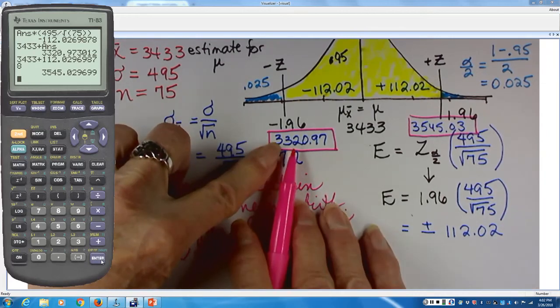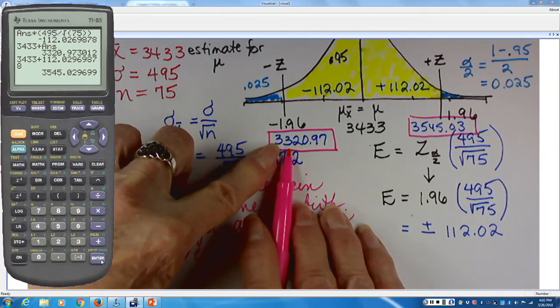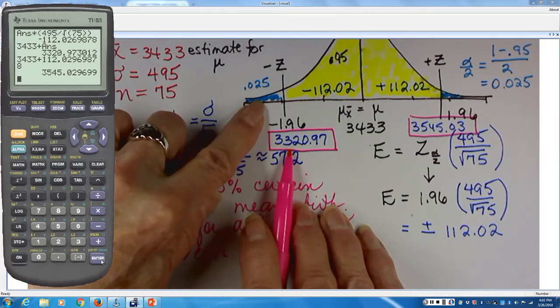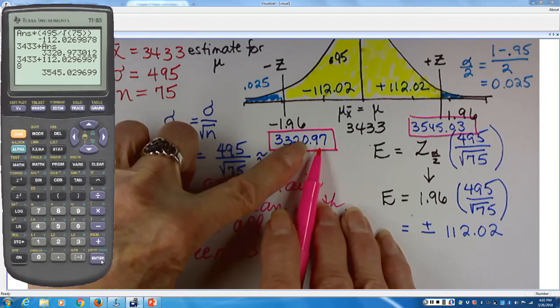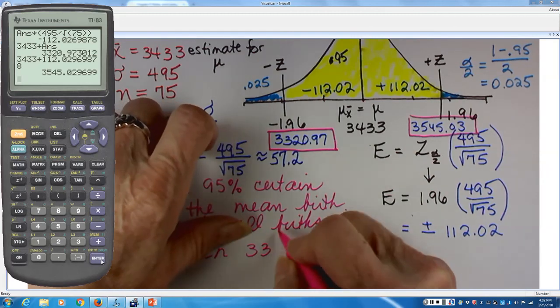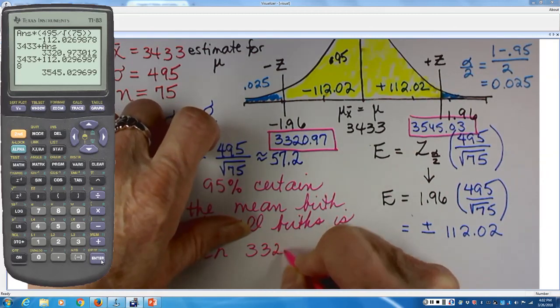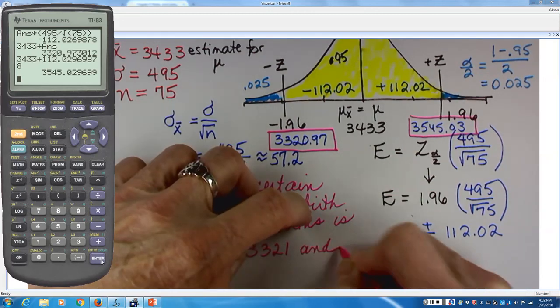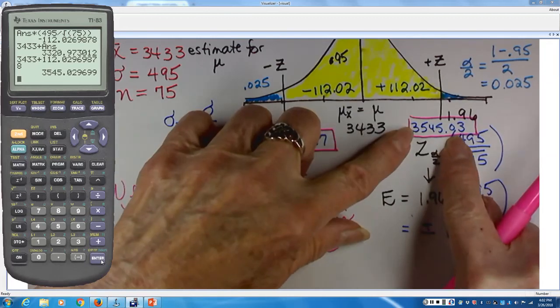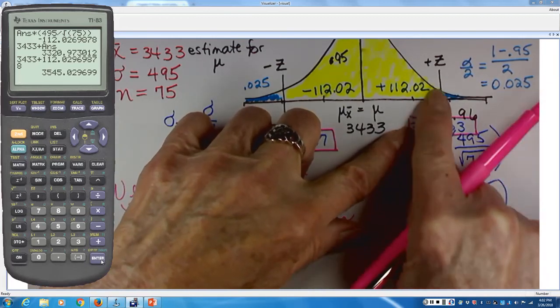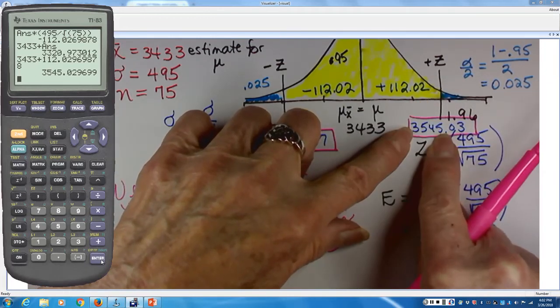This means if that birth weight is 3320, it's in the alpha over 2 part. So we need to round it up to a whole birth weight if we're going to round. So we're going to round this up and say that's 3321. And the same thing here. 3545 is actually within this part, so on this end we're going to round down.